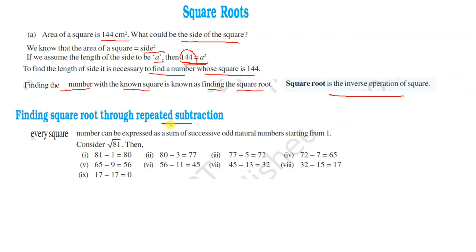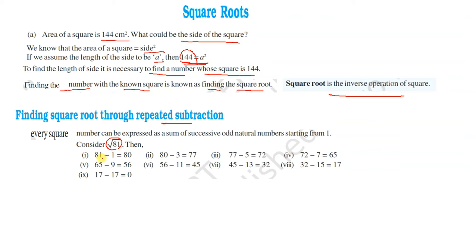To find the square root, we will start subtracting the odd numbers from the given perfect square number, starting from 1. Suppose we have to find the square root of 81.